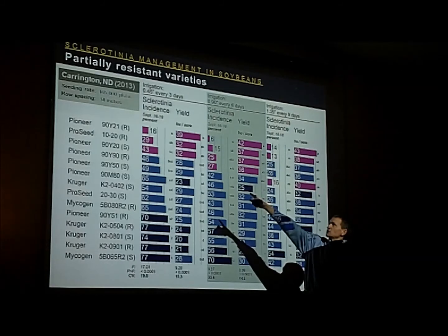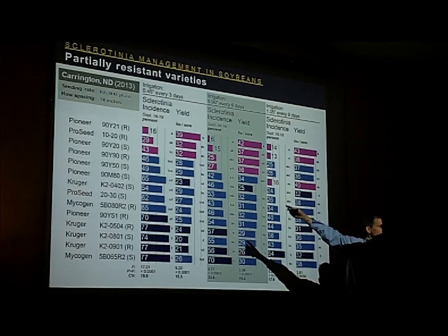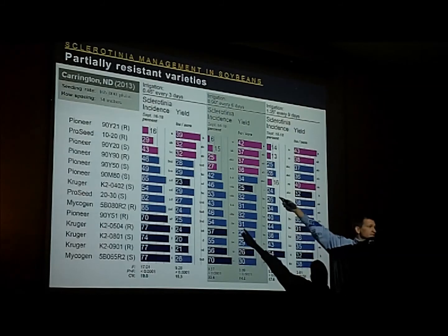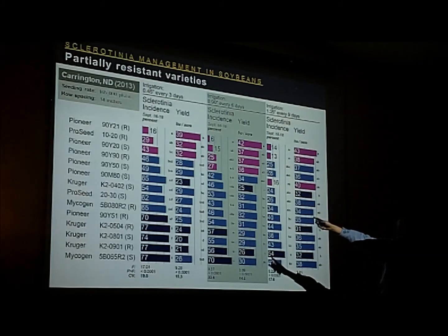You have Pioneer 90Y21 versus 90Y20. The resistant one clearly outperformed the susceptible. And you have Proceed 1020 versus Proceed 2030. Resistant clearly outperformed. And now we have Pioneer 90Y90 versus 90M80, and again you see that exact same reaction. So in this case, our resistance ratings are performing well.